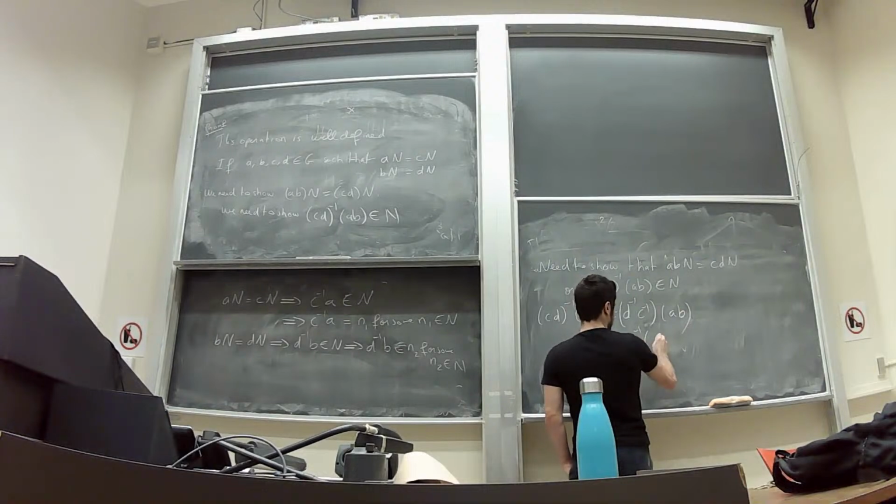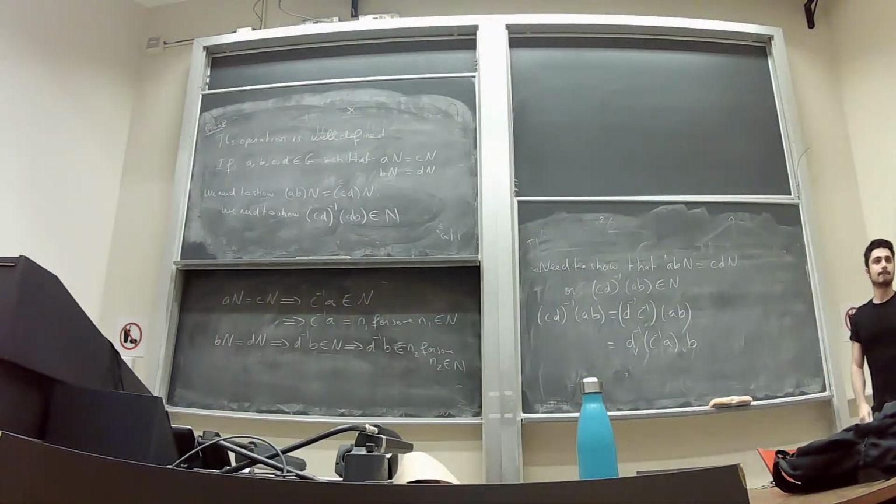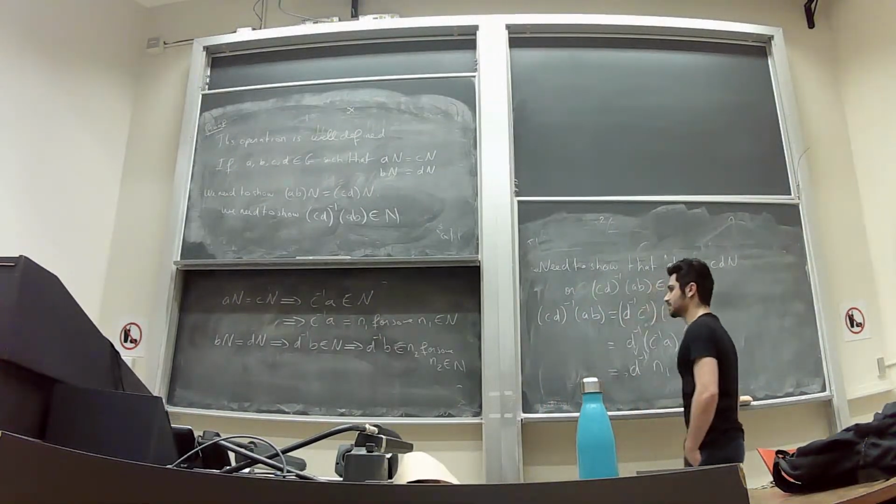By associating, D inverse, C inverse A times B. So far, so good. What is C inverse A? N1. So C inverse A is N1. D inverse N1 times B.